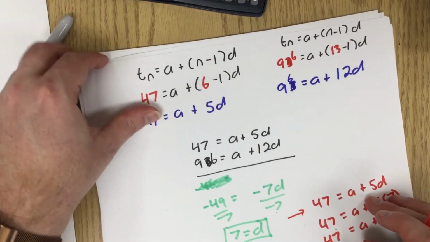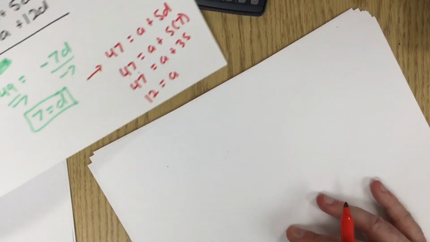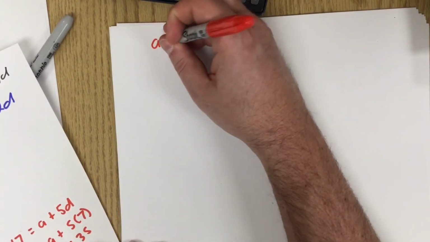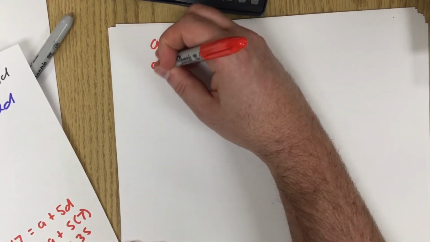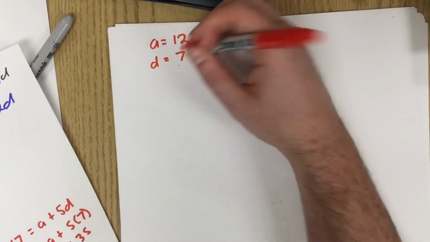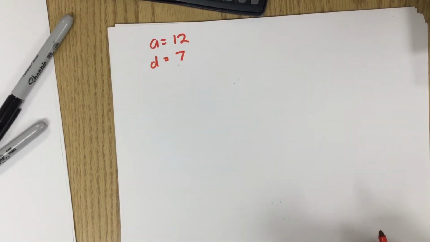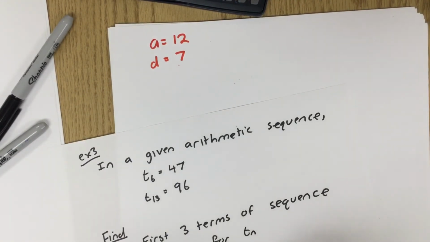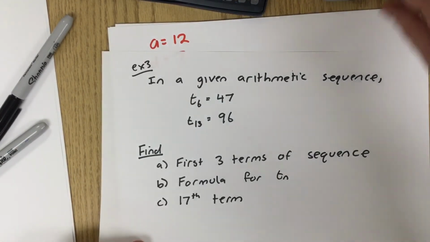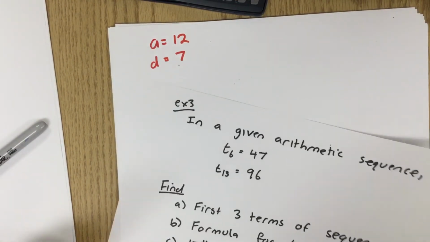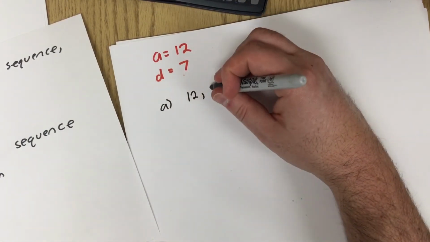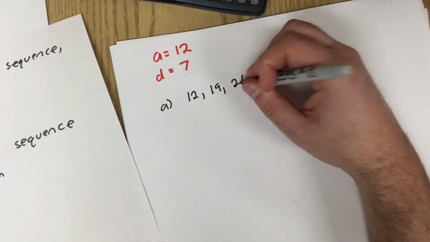So putting that together, we now know that A equals 12 and D equals 7. So what is being asked here? A, what are the first 3 terms of the sequence? So the first 3 terms of the sequence are going to be 12, and then we add 7, 19, and 26.